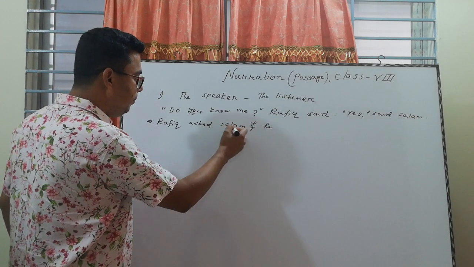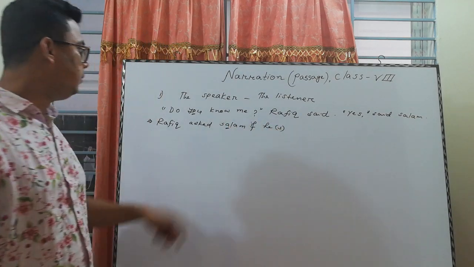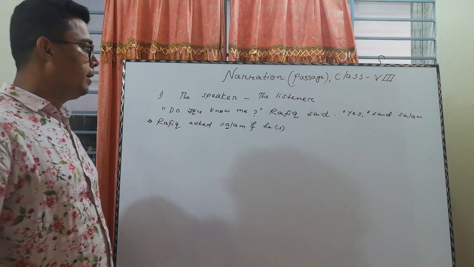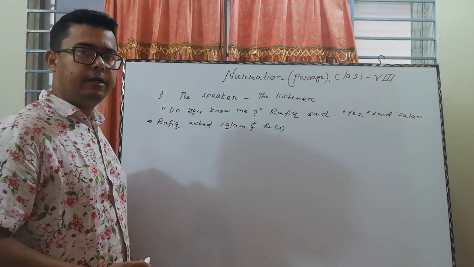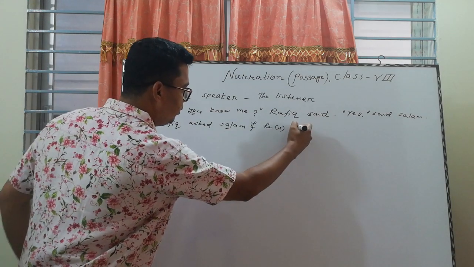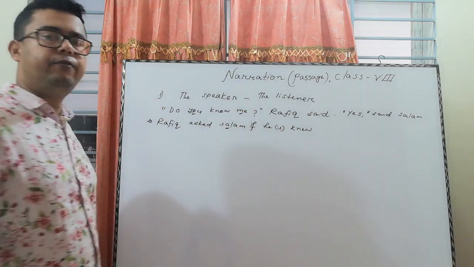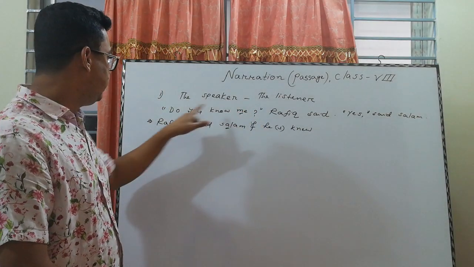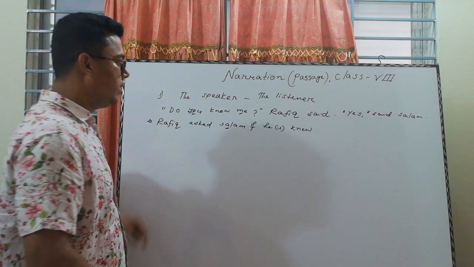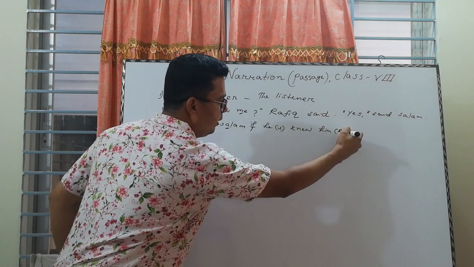So "you" is converted to Salam, and "know" should be "knew", since this is present indefinite tense converted to past indefinite tense: Salam knew. This is the first person, so it should indicate Rafiq. Then it should be him. This is the objective form, and him is Rafiq here.